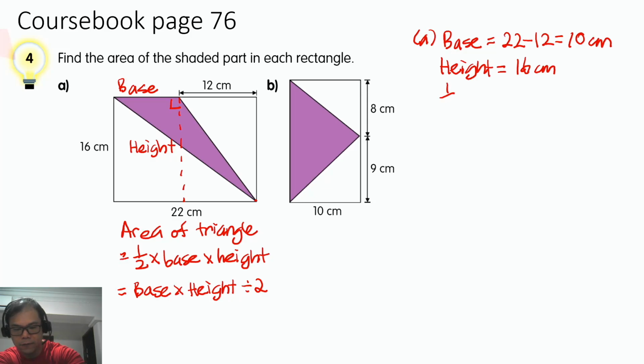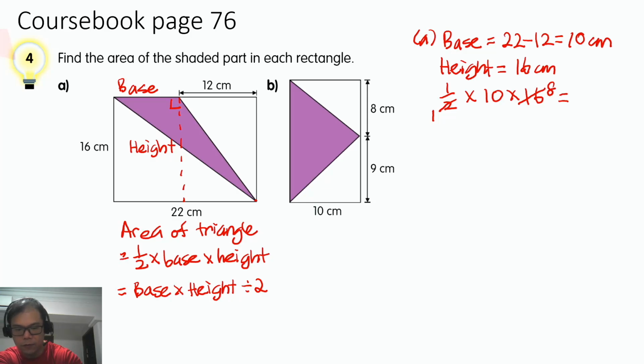So I take half times base times height. A quick trick: we have learned about multiplication of fractions with a whole number. In this case, I choose 16. 16 and 2 can both be divided by 2, so I cancel. 2 divided by 2, I'm left with 1. 16 divided by 2, I'm left with 8.